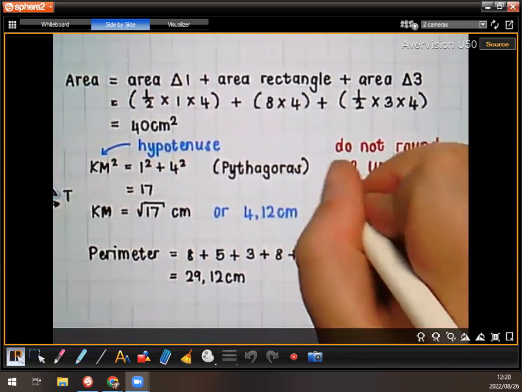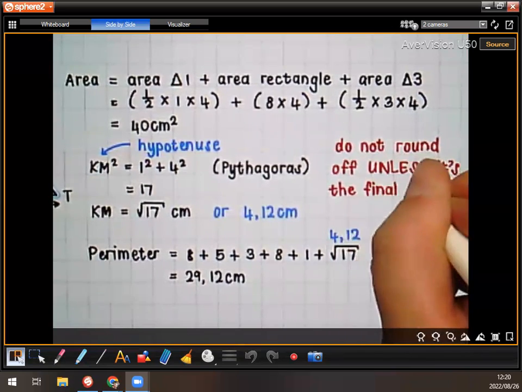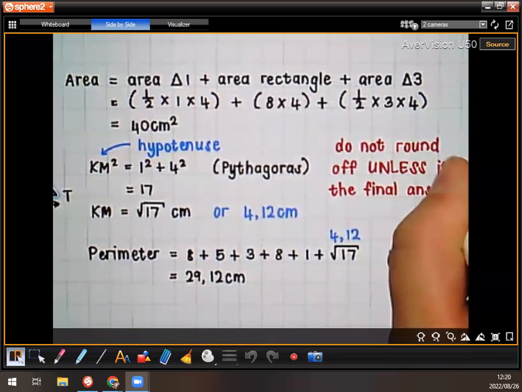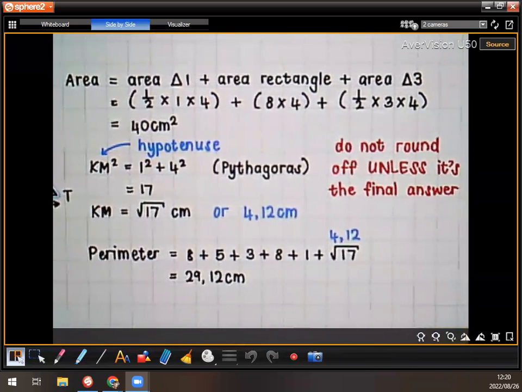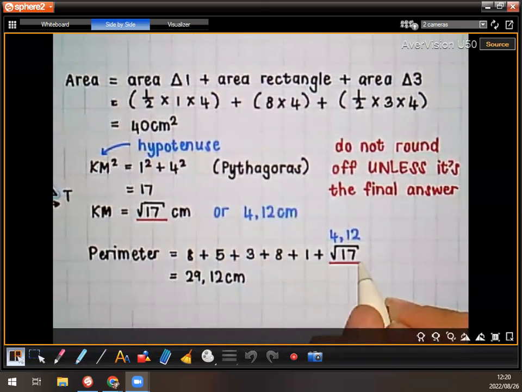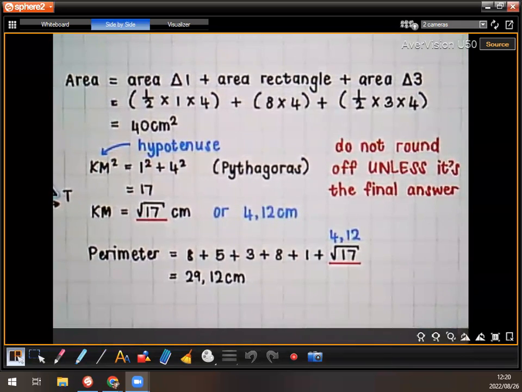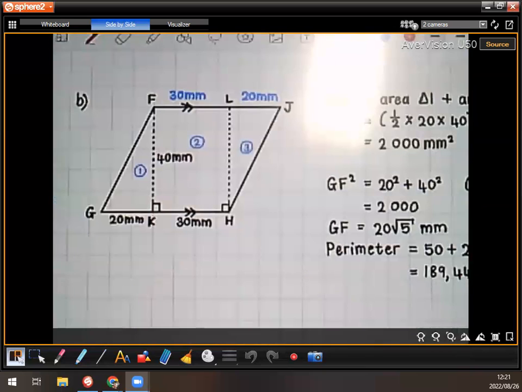Okay, when it's the final answer, you can definitely round off. But if you have to first calculate something else before you get your final answer, then you're not allowed to round it. So rather work with this in your actual calculation, and then round your final answer. Okay, if you want to write 4,12, that's fine, but then you're going to have to type in the square root of 17. Okay, that's what you write.